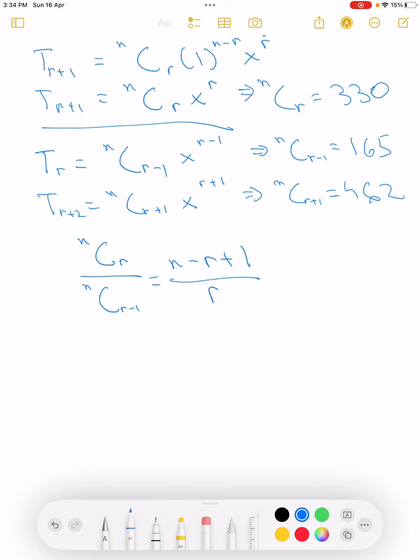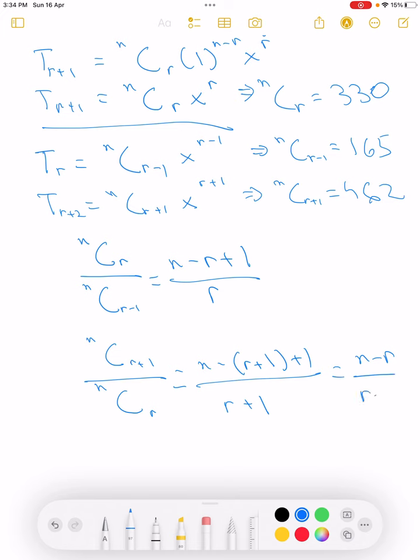So from this expression, we can say that nC(r+1) upon nCr would be (n - r) upon (r + 1).